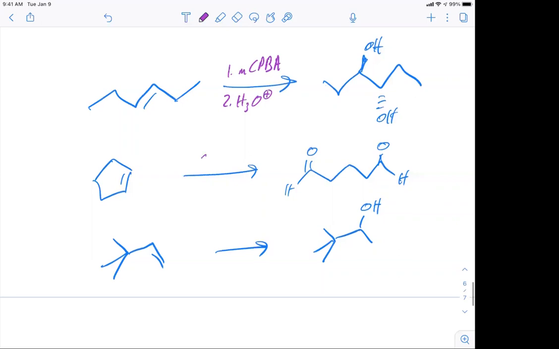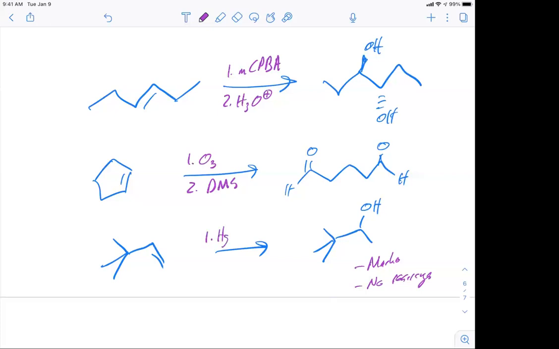This next one, we're doing ozone followed by a reducing agent such as DMS or the zinc and water. And then this last one, I've got 3 choices, right? But this is a Markovnikov addition, right? But it also has no rearrangement, right? I haven't moved my tertiary group there.